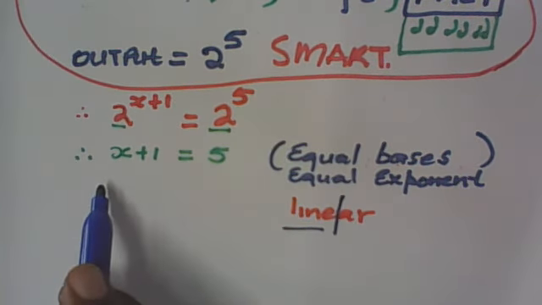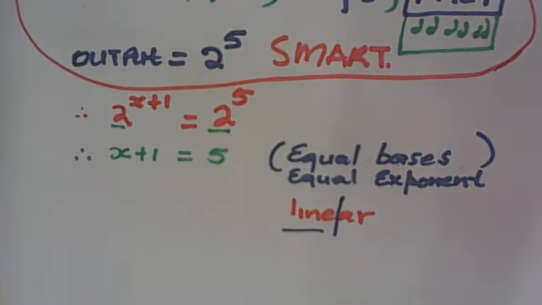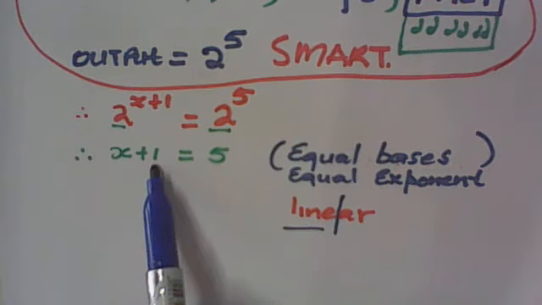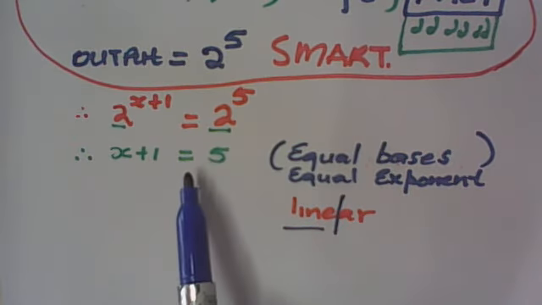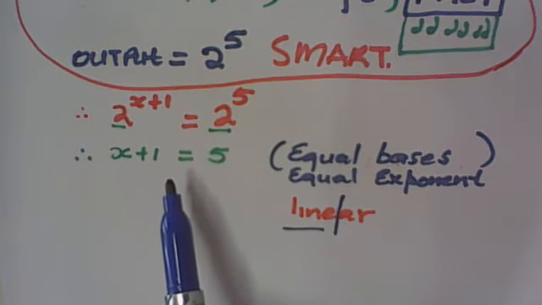So the final answer here: when we were in grade 1, we used to say this. What number should be added to 1 in order to give you 5? That was the question that we got. We were not aware that we were solving x.